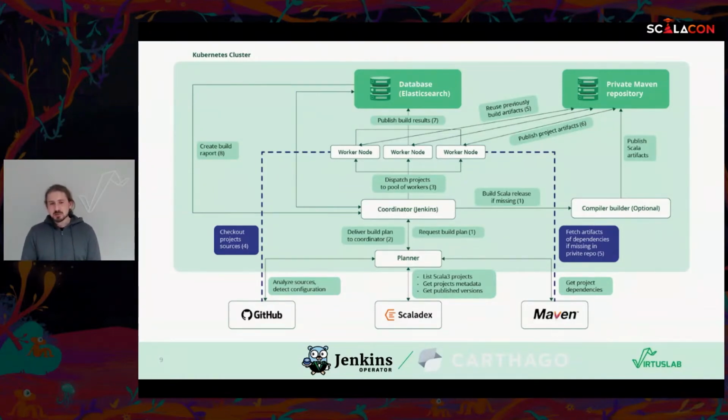Inside these worker nodes, we have to actually build the libraries. And that means that we need to interact with our build tools. There are actually 2 build tools that are supported, and that's SBT and Mill. And they are used in 99% of all the projects.